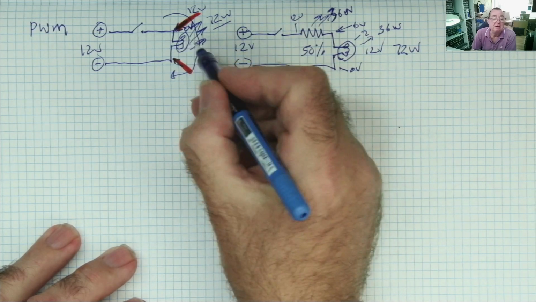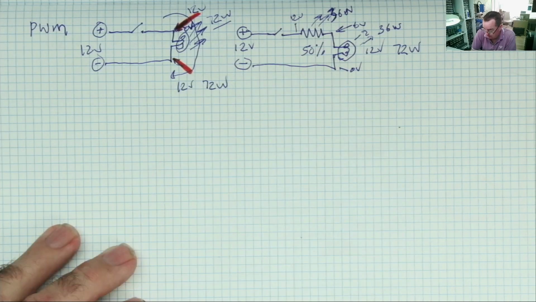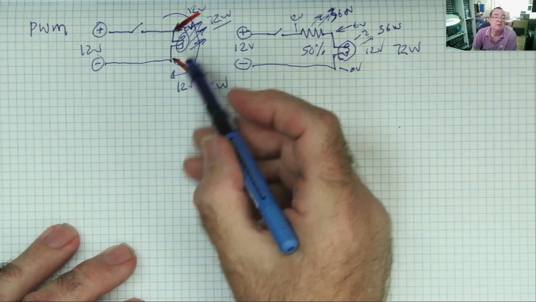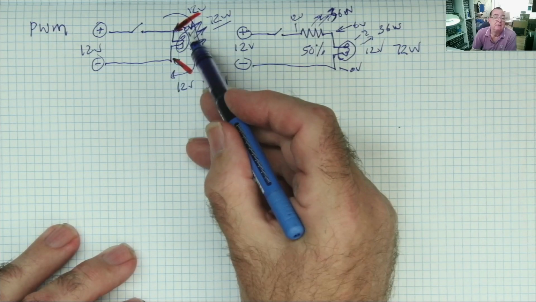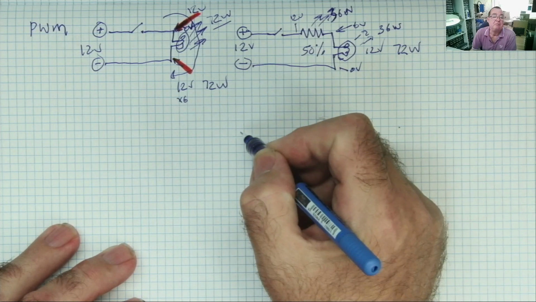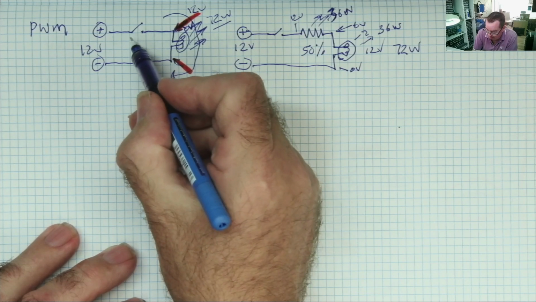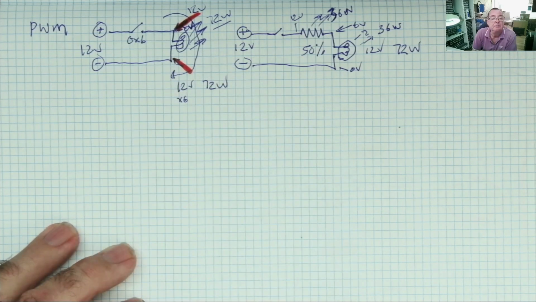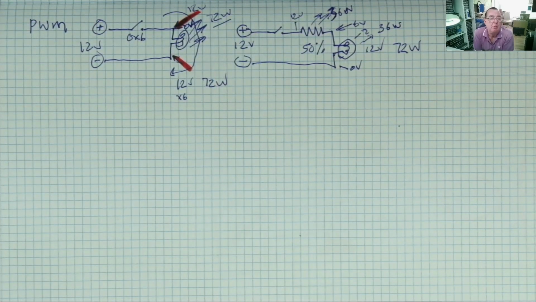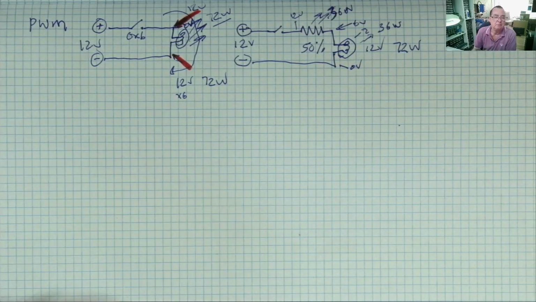So if this again was a 12 volt 72 watt bulb, we actually have 6 amps flowing. The voltage across the bulb is 12 times 6, which strangely enough is 72, and the voltage across the switch here is 0 times 6. So the wattage dissipated by our switch is 0. It won't get hot like that resistor did, but the bulb's on full brightness.